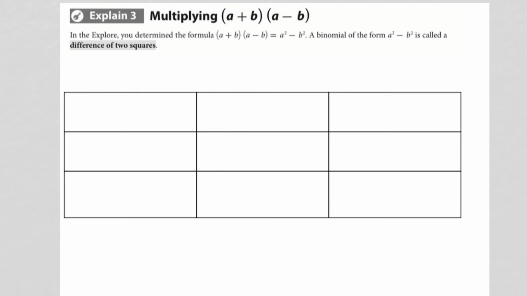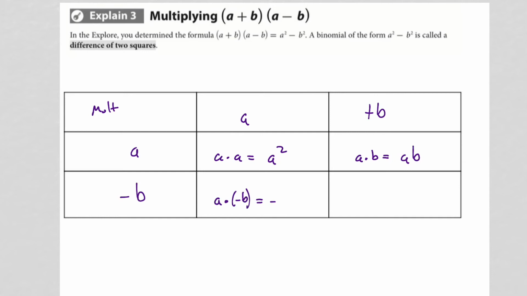So here we go, another special case. Remember, we are multiplying in this grid, and we have an a plus b and an a minus b. A times a is a squared. And a times b is ab. And then a times minus b is minus ab.